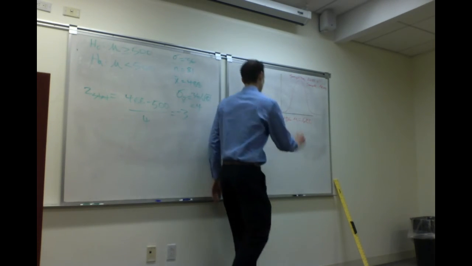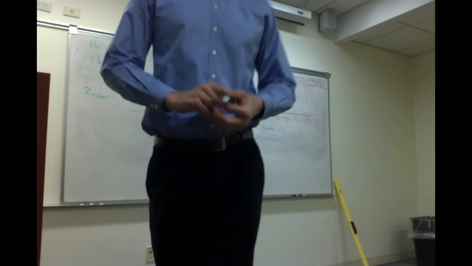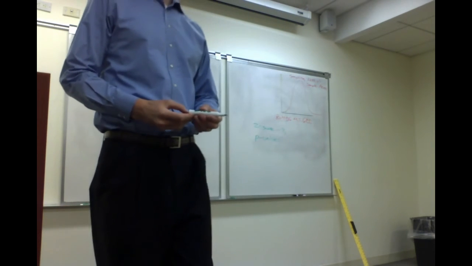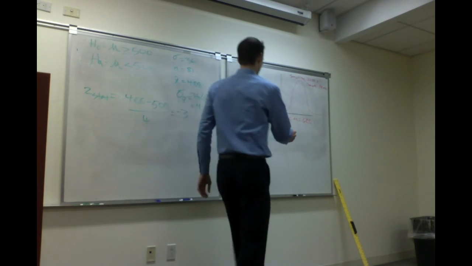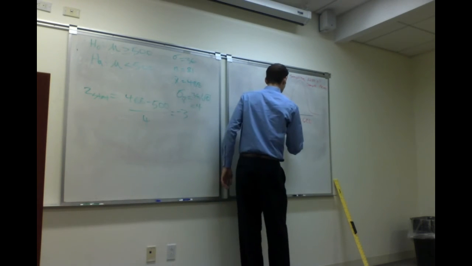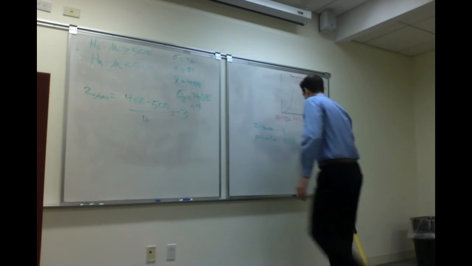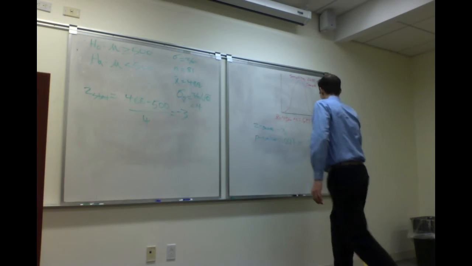And what do we come up with when we look at negative 3 on the z-score? 0.0013 or 0.13%.